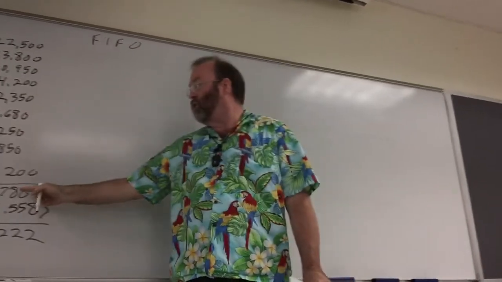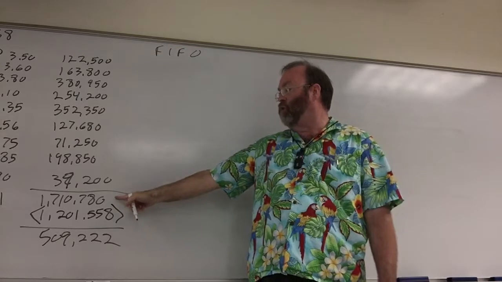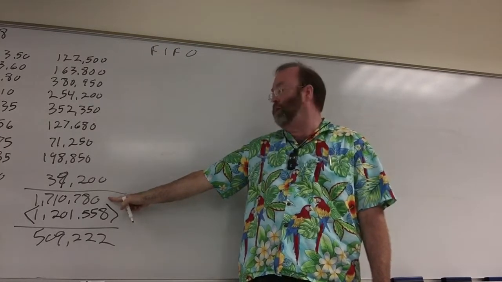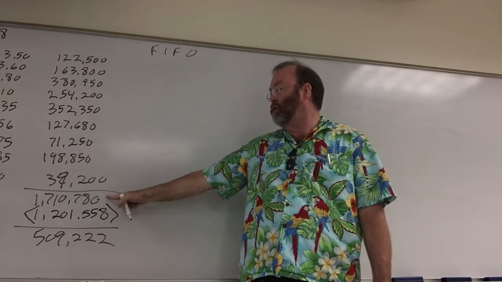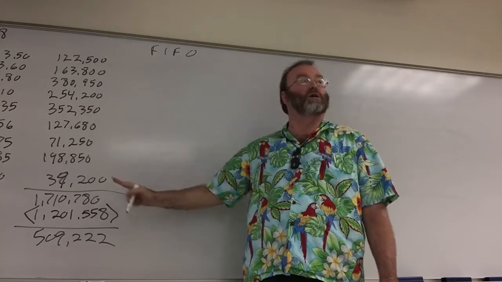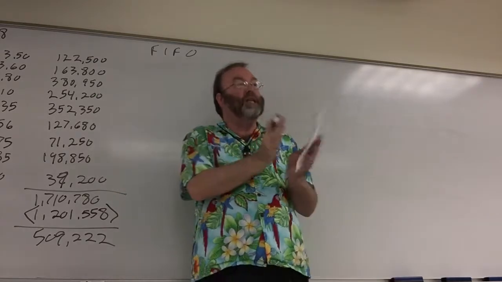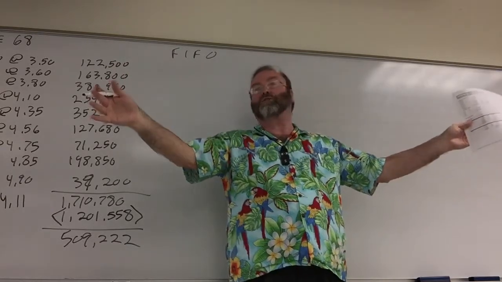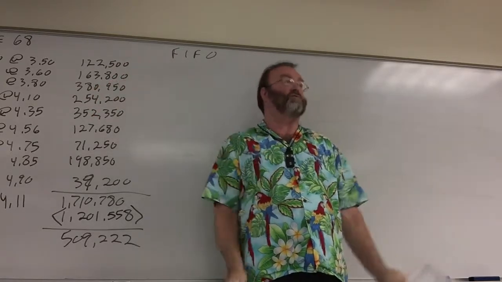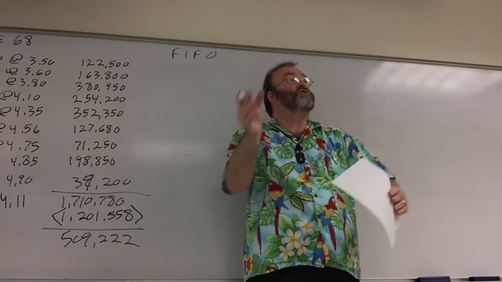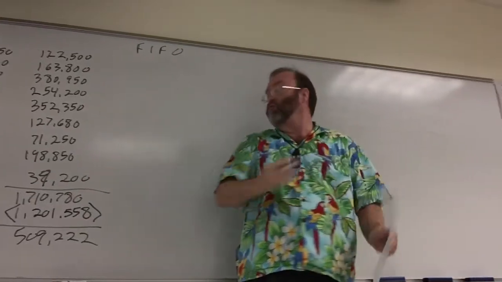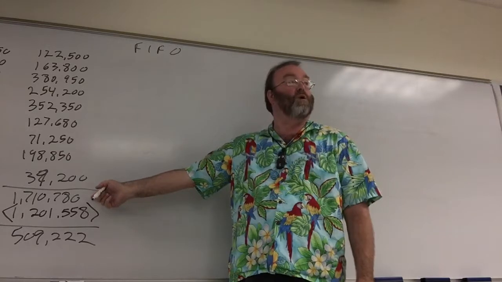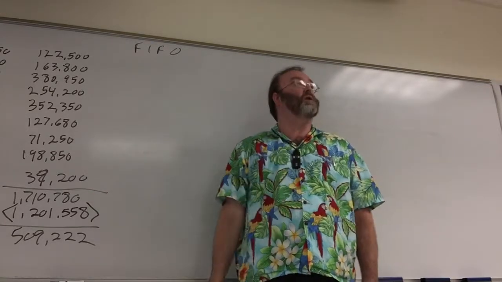Now, under periodic, this total cost of goods available for sale of $1,710,780, you just need to split that between ending inventory and cost of goods sold under FIFO and LIFO. Because once you solve one of them, you can subtract it from the total and get the other one.